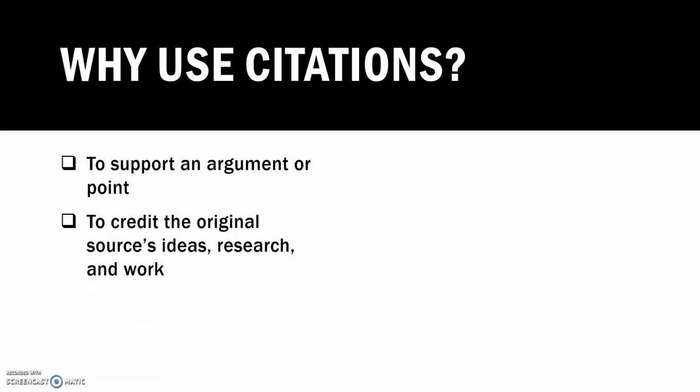And this also credits the original source's ideas, research, and the work that they put in, which means that it helps to uphold academic honesty and avoid plagiarism. If you take information that is not your own and you don't give proper credit, it is plagiarism, and that is stealing, and there are severe consequences in the academic world for that.